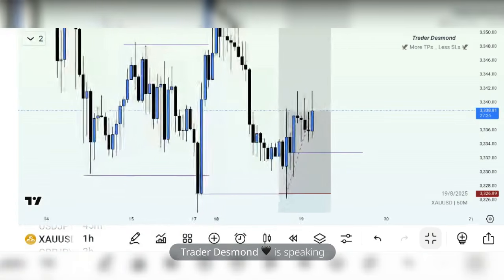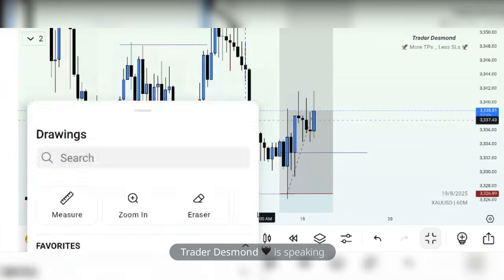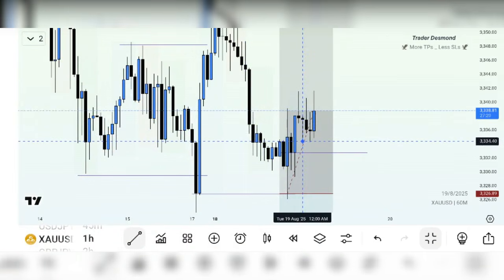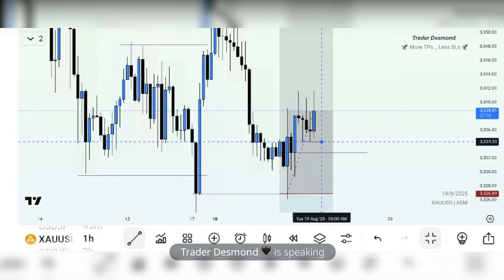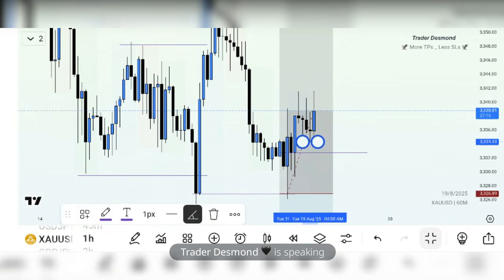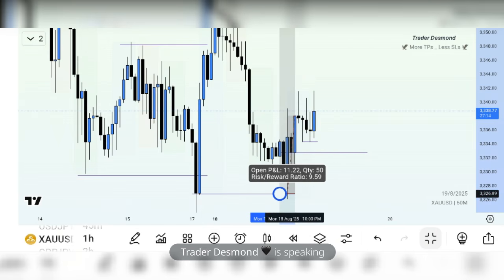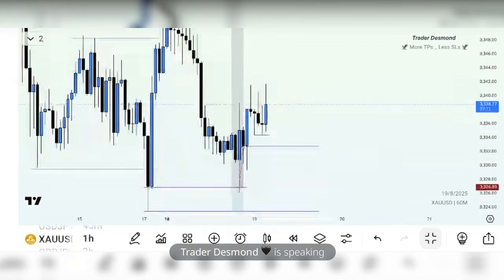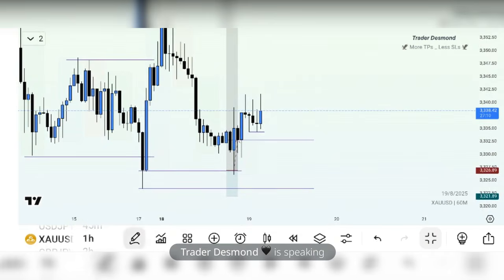Since gold is bullish, I'm not scared of anything. Any setup I'm looking for right now should be a bullish setup for me.